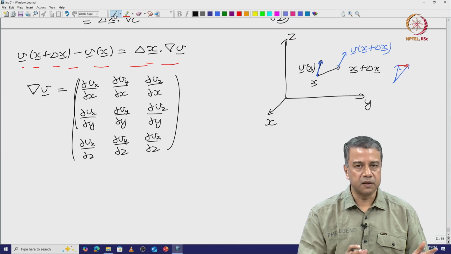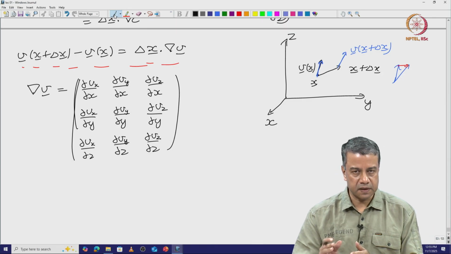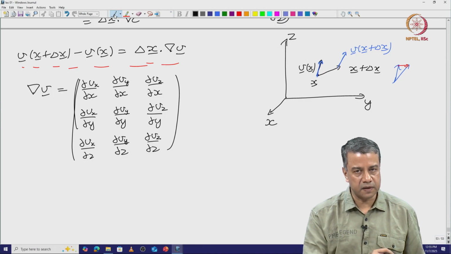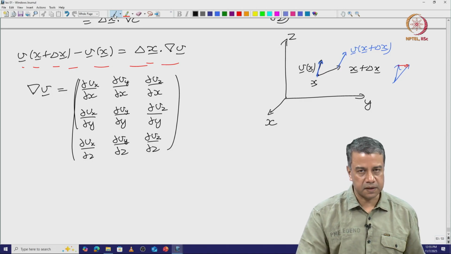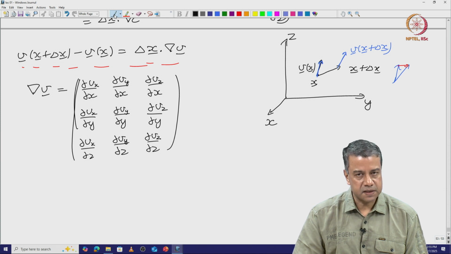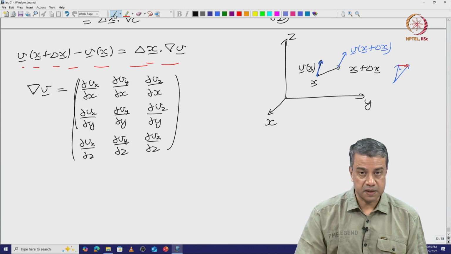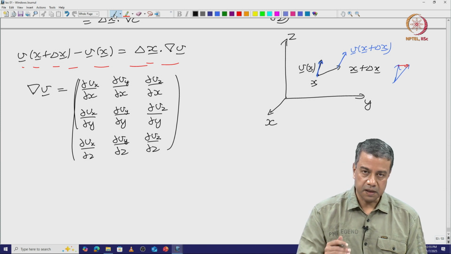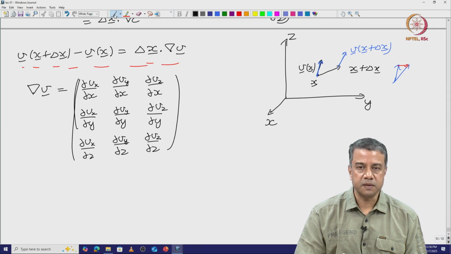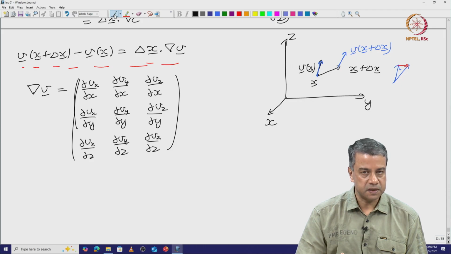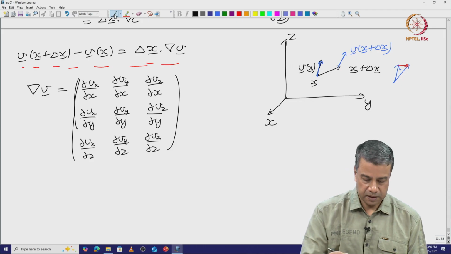I have omitted the unit vectors in front and the unit vectors behind, the row vector in front and the column matrix behind. This is a second order tensor, just as the stress was a second order tensor. In the case of the stress, I had told you that it has to be symmetric. In this case, it does not have to be necessarily symmetric.